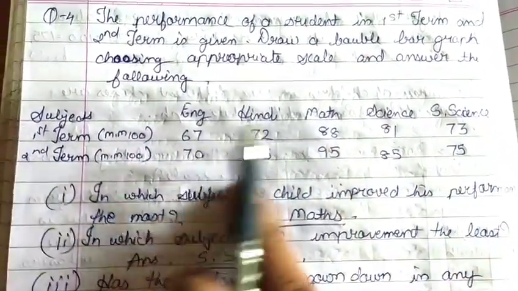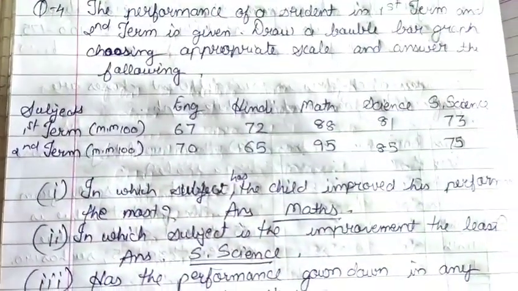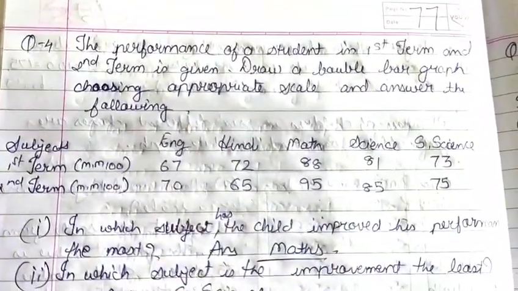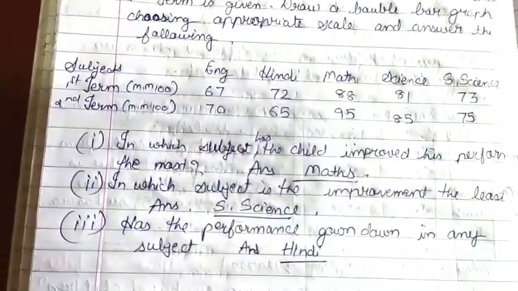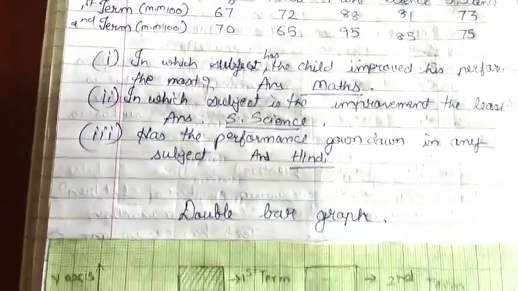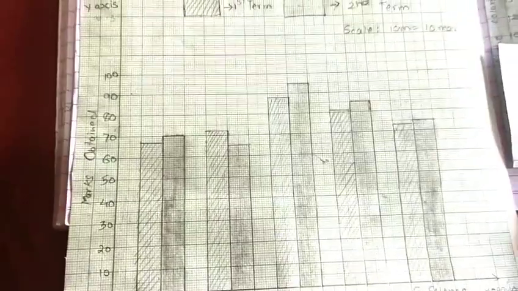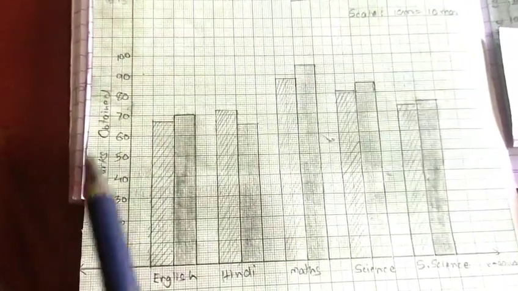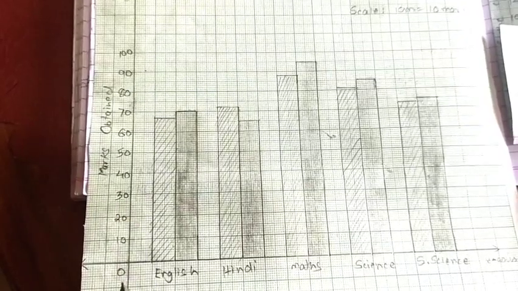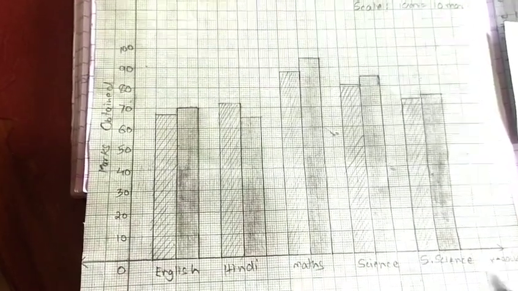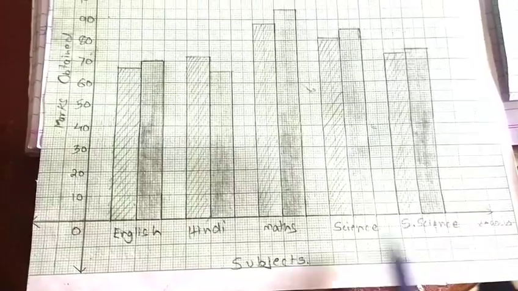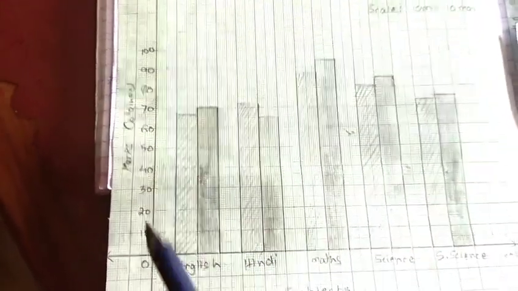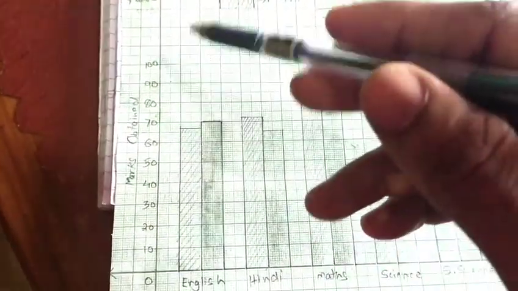Now we have to represent this data in a graph. So we have to prepare a double bar graph because it is data related to two terms. Now let's see how to construct it. Dear student, you have to construct the double bar graph in your graph book, not in your class book. Now draw a perpendicular line, this line is the x-axis and this line is the y-axis.